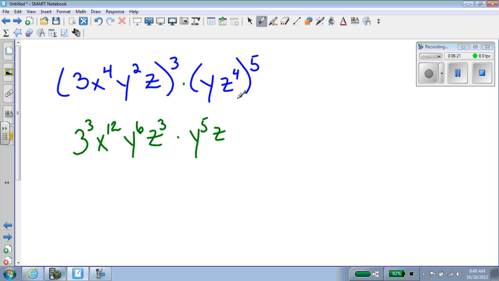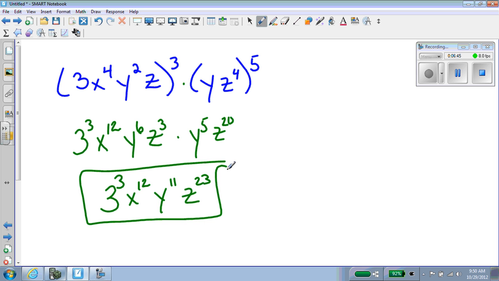And I have 5 factors of z to the 4th. Now I can look and I have 3 factors of 3. I have just 12 factors of x. I have 6 and 5 more, so I have 11 factors of y. I have 3 and 20 more, so I have 23 factors of z.